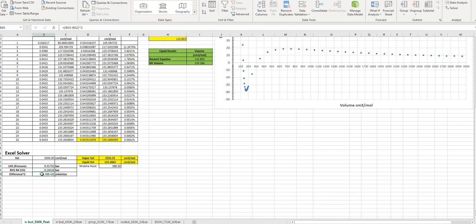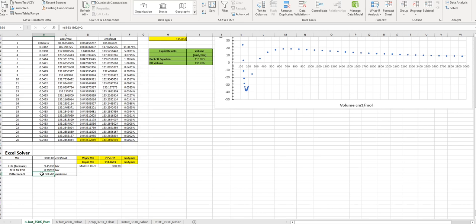I don't want to just minimize the difference, because the difference can be positive or negative. A good way to ensure that the difference is always positive is to minimize the difference squared. That way, if I'm overshooting or undershooting, my calculated difference is always going to be positive. So that's why I have difference squared.